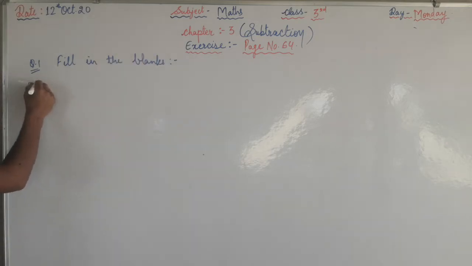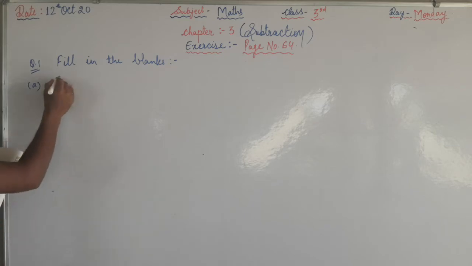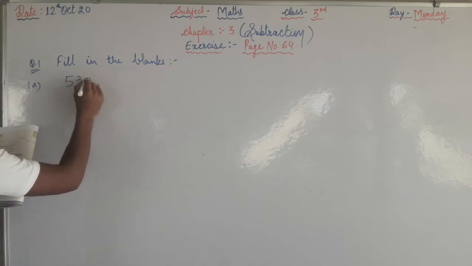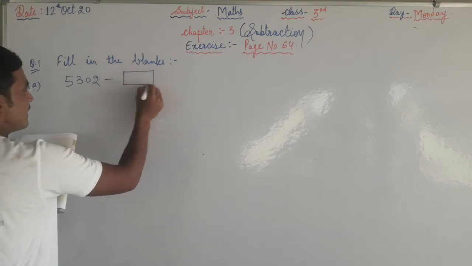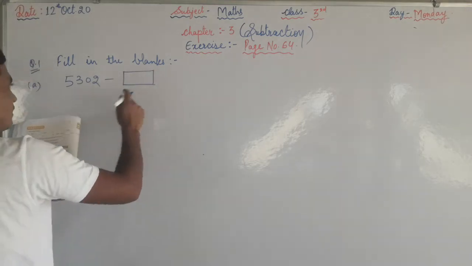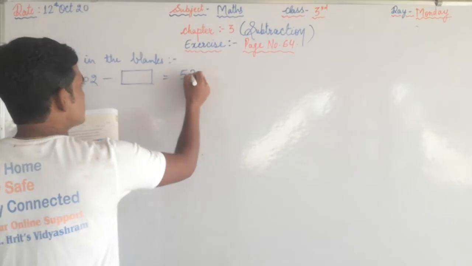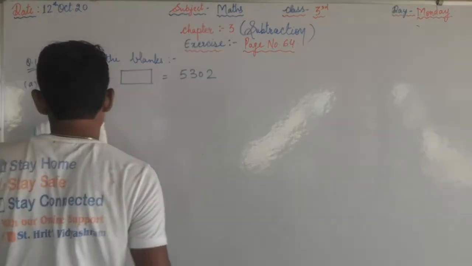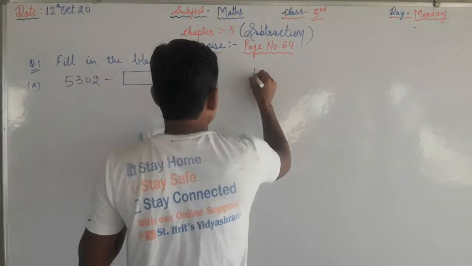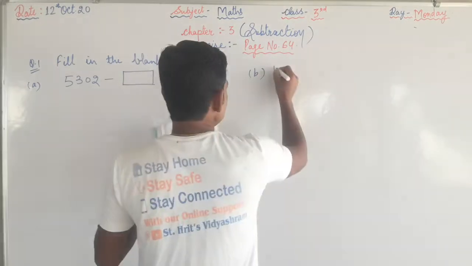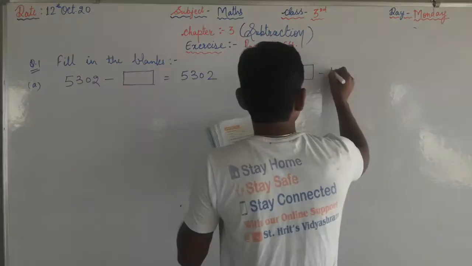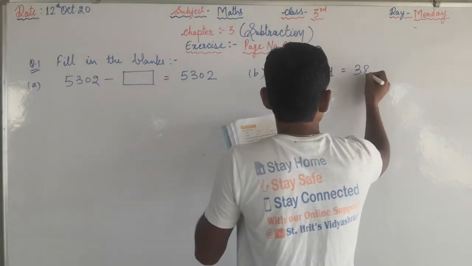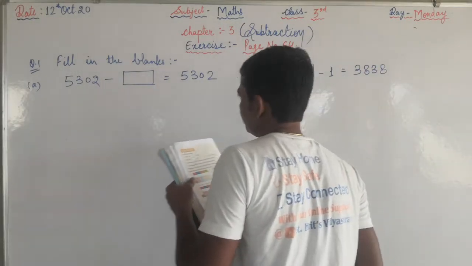See the first blank: 5302 minus what? What we have to subtract from this number to get 5302. See part B: blank minus 1 equals 3838.